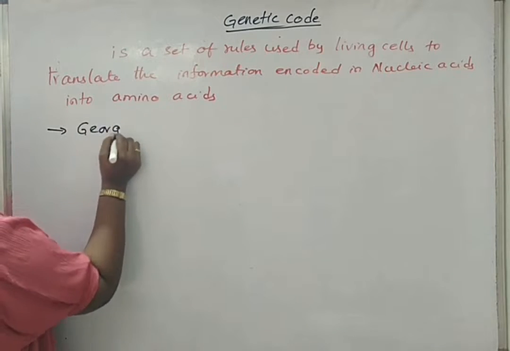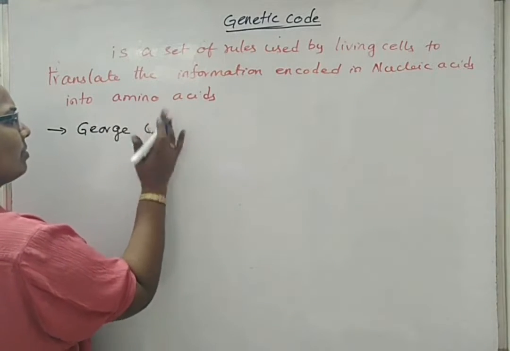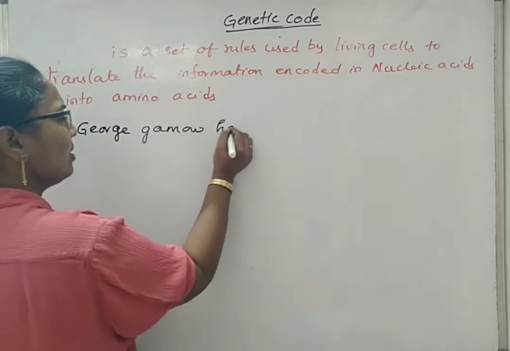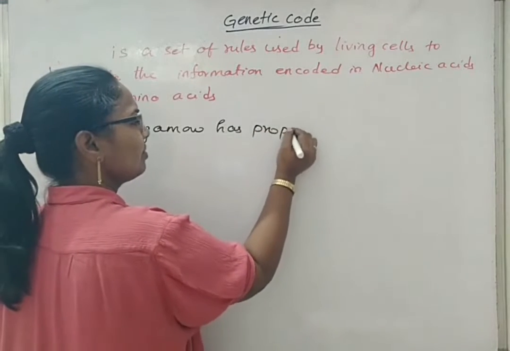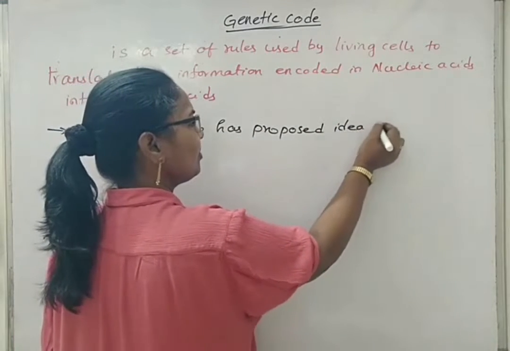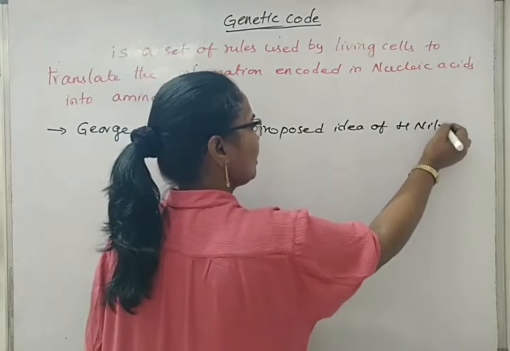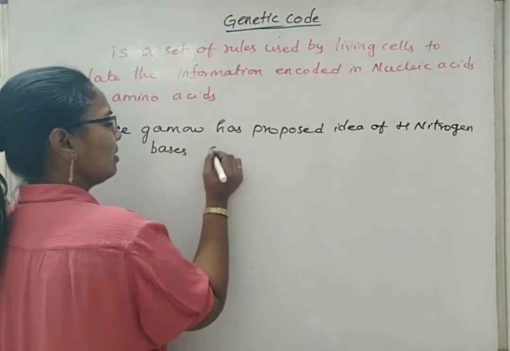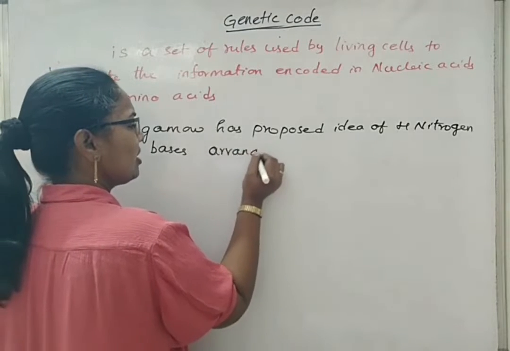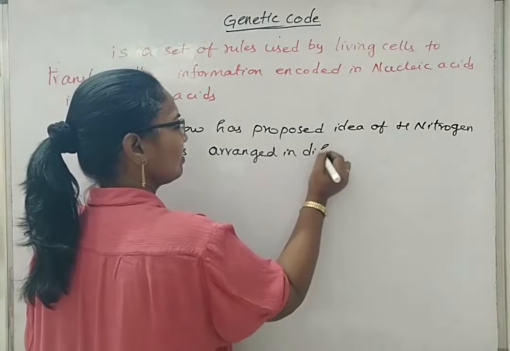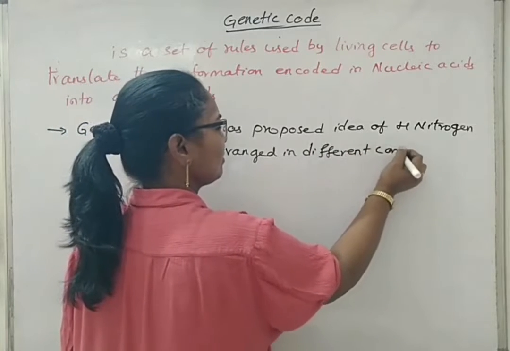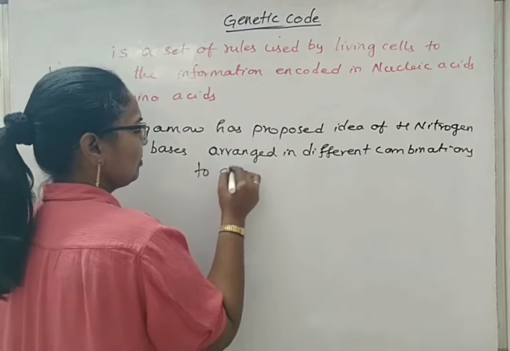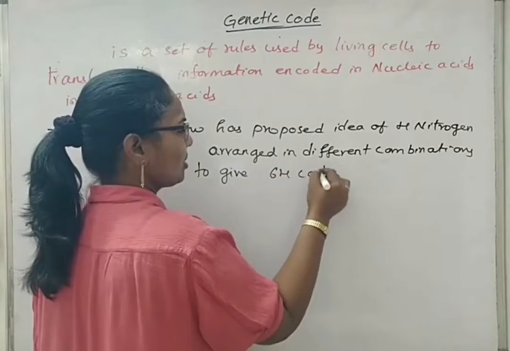George Gamow proposed the idea of 4 nitrogen bases arranged in different combinations to give 64 codons.